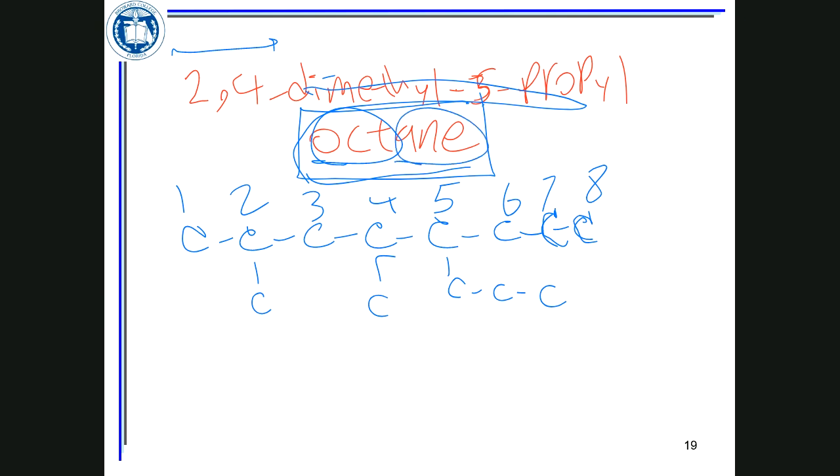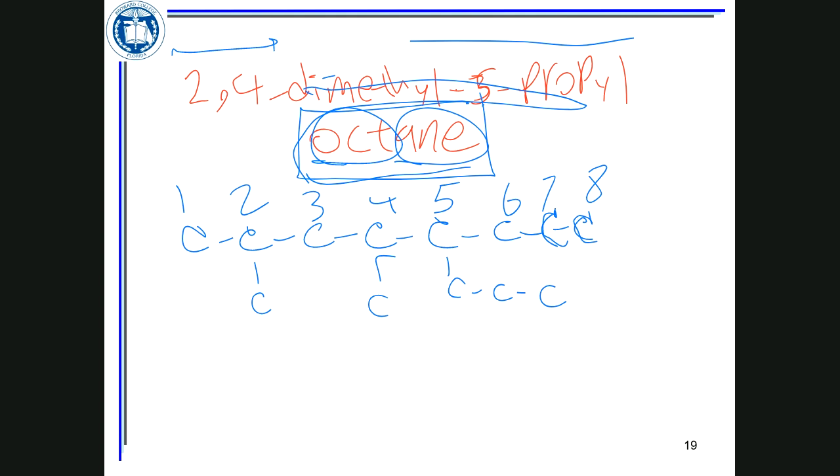Then I follow the branches and place each branch in the proper place, because this name is telling me there is a methyl group on carbon number 2, a methyl group on carbon number 4, and a propyl group on carbon number 5.